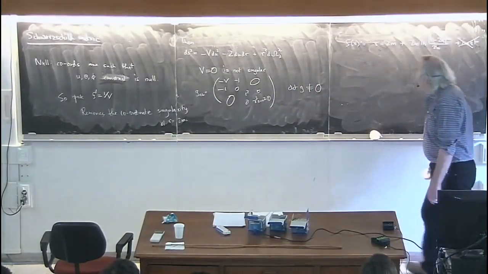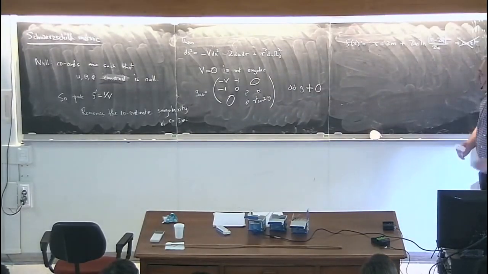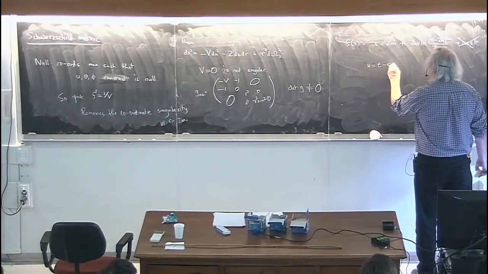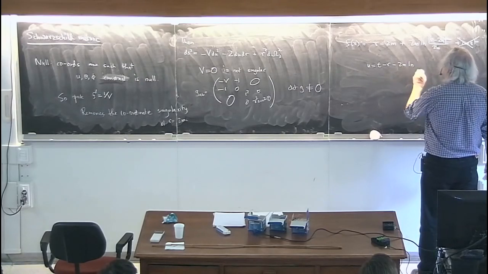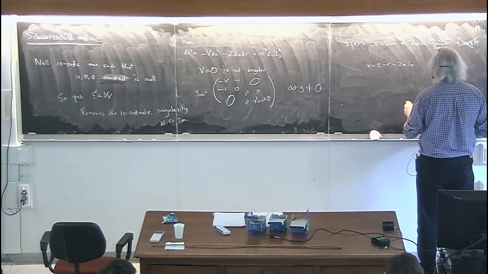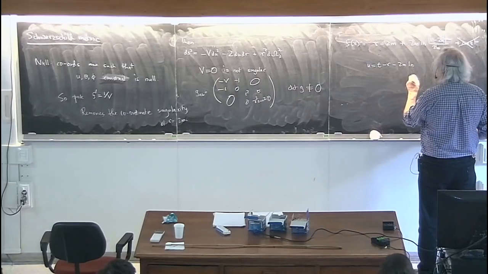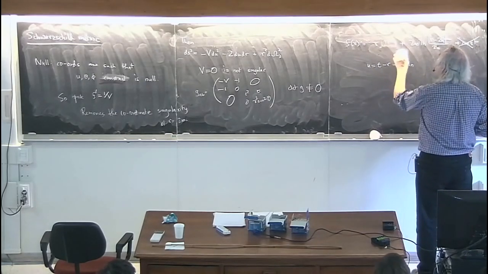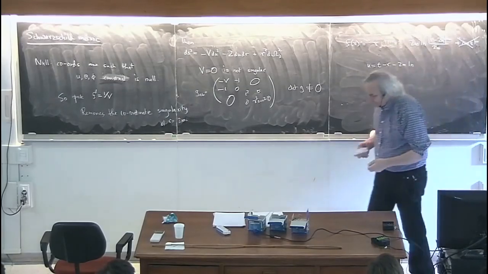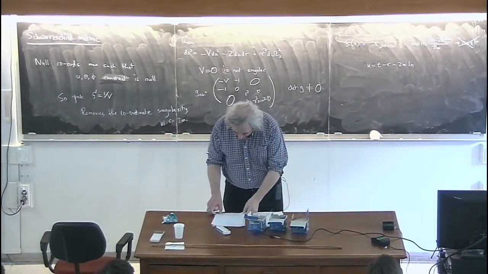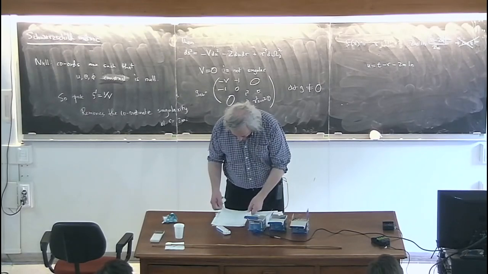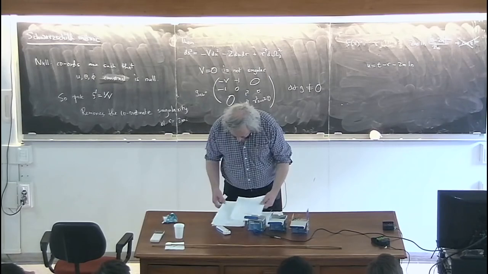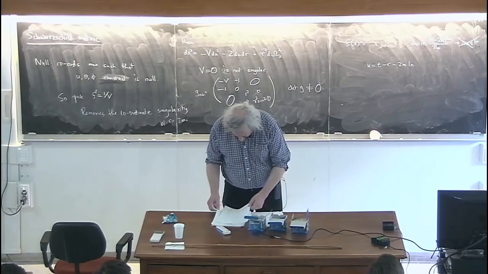So we have a rather beautiful picture. u is equal to t minus r minus 2m times this. This minus 2m should not be there. Where in the world did I put that?